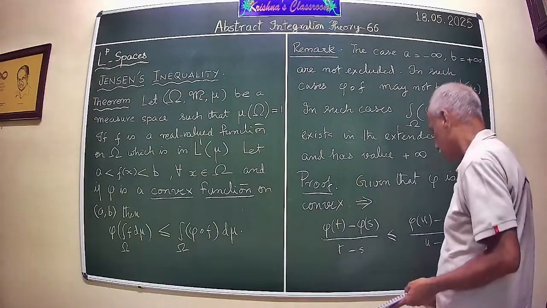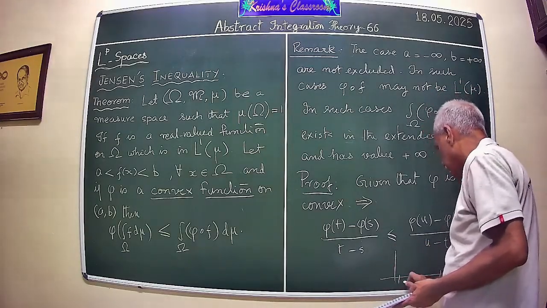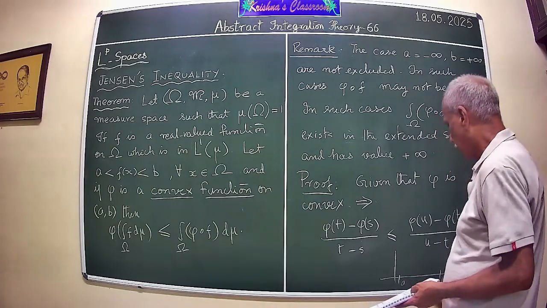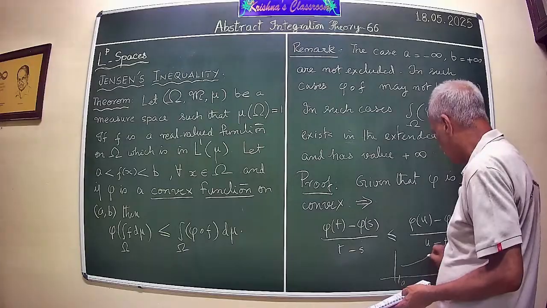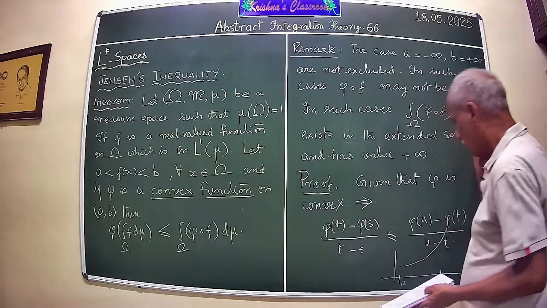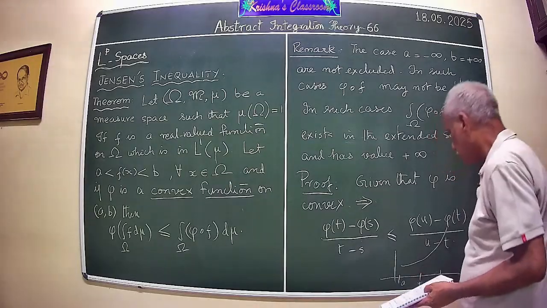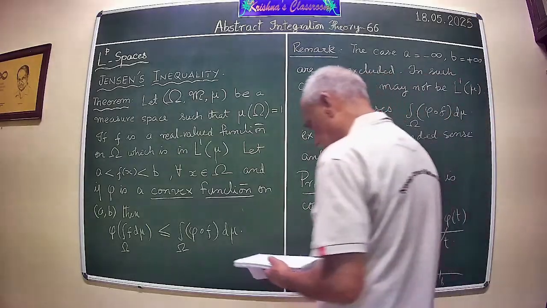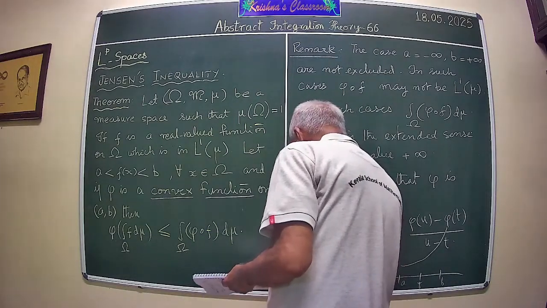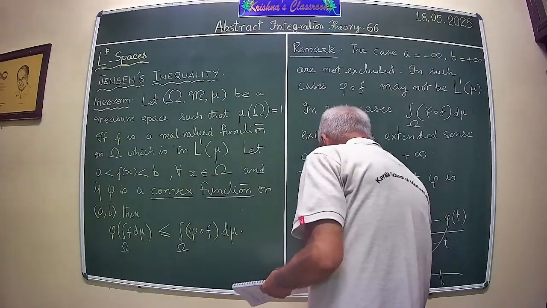Okay, defined on the interval (a, b), and then this is a function which bends upwards. I mean, how does this come? So you take a point t. And now the inequality is valid for a less than s less than t less than u less than b.